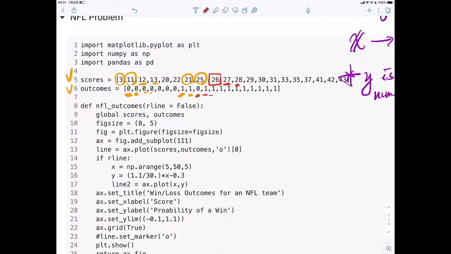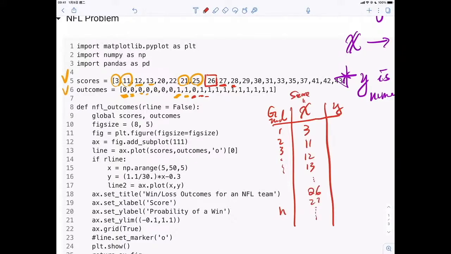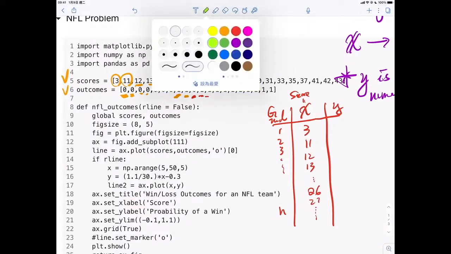Theoretically, the more points you get in a game, the more chance, which means possibility, you can win. So basically, you have a table like this. That is the game index: 1, 2, 3. The x is the score. The y means you win or you lose the game.